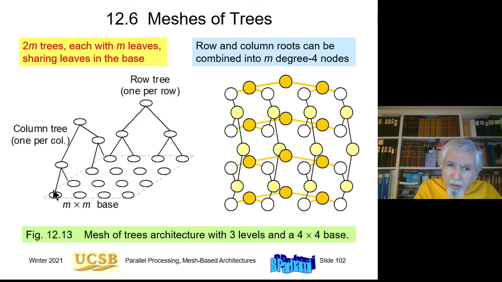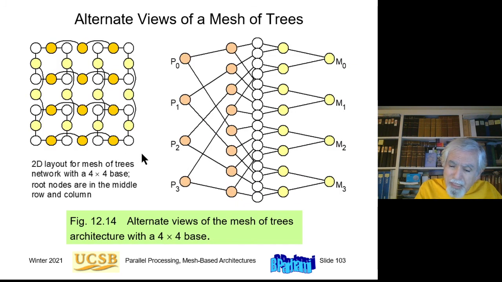I'm using 1, 2, 3, 4 to get there, 1, 2, 3, 4 to get there, whereas if this were a mesh, I would need 1, 2, 3, 4, 5, 6. So a mesh would have been better. But if this becomes much larger, then the advantage starts to materialize.